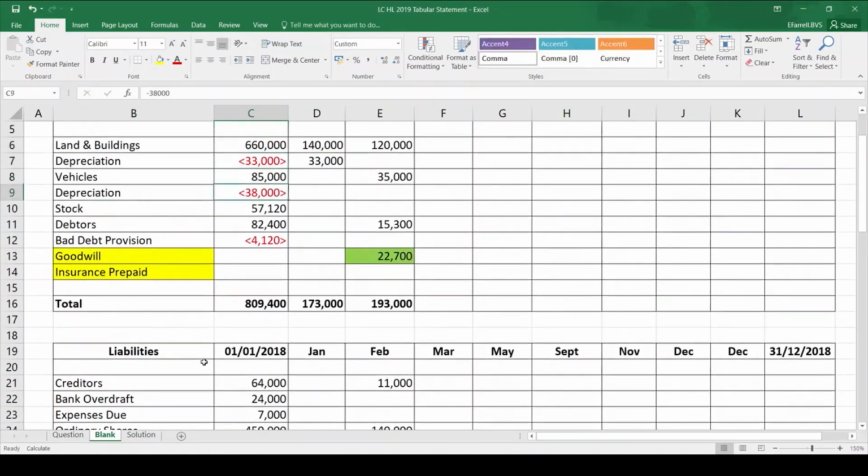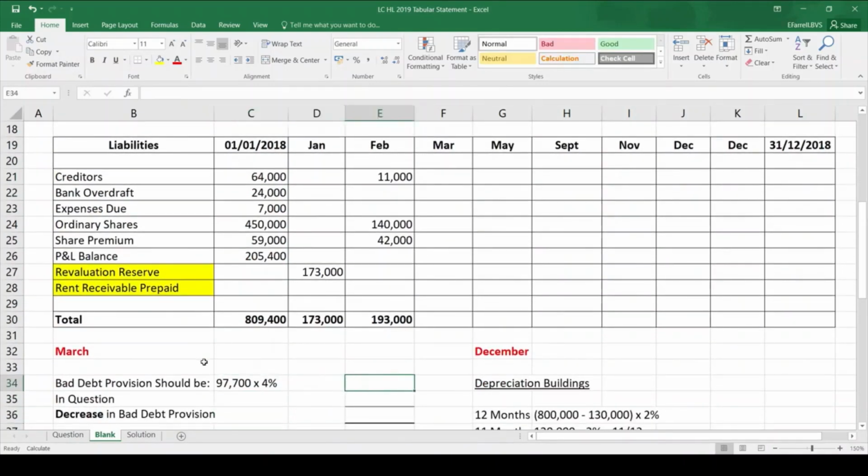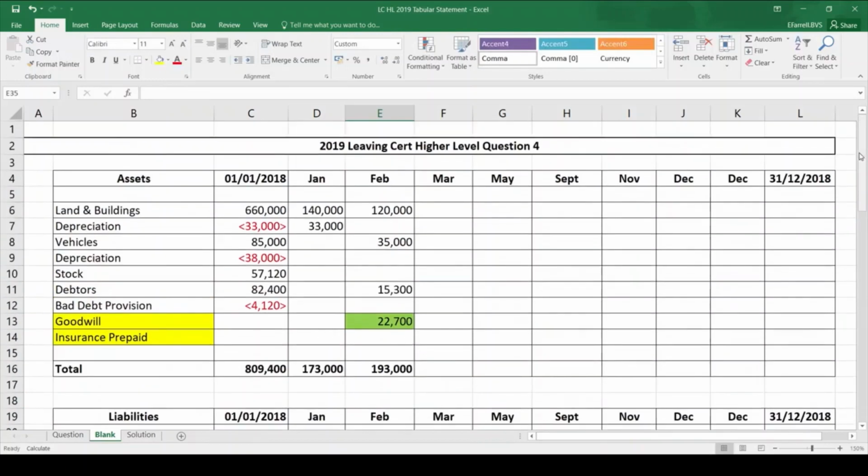If I go to my assets and look at debtors, debtors are 82,400, but don't forget to add on the adjustment to debtors, which was a further 15,300. So in total, debtors are 97,700. So the bad debt provision should be 97,700 by 4%, which is 3,908. At the moment, the bad debt provision is 4,120.